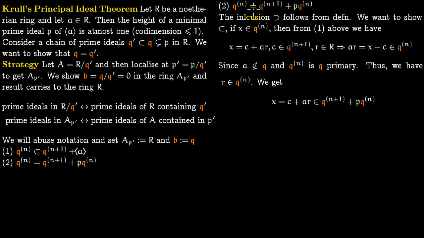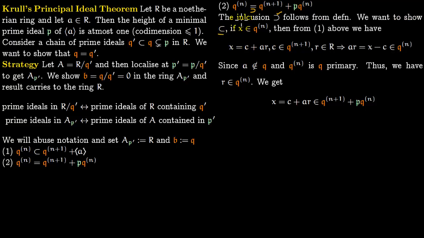This inclusion is obvious because by definition the (n+1)th symbolic power of q is contained within the nth symbolic power of q, which is obviously contained within here even after multiplication. We have to show the other side, so we want to show this inclusion.